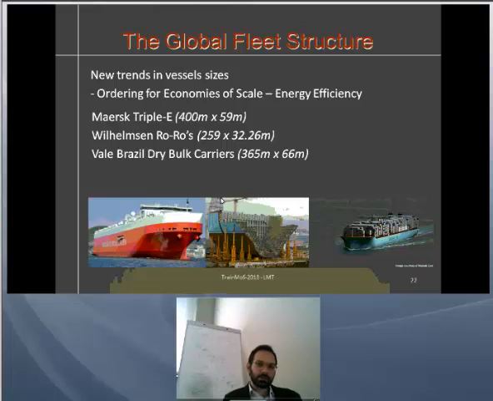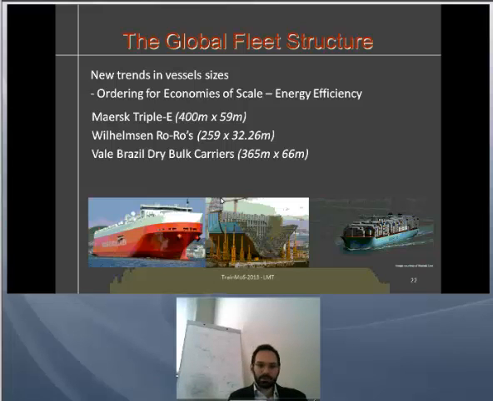We also have the same pattern in, for example, the Wilhelmsen RoRo, 259 by 32 meters, which is the biggest RoRo vessel in the world. And also in the dry bulk market, where we have the Valemax size, mainly designed for cargo routes between China and Brazil for iron ore cargo.